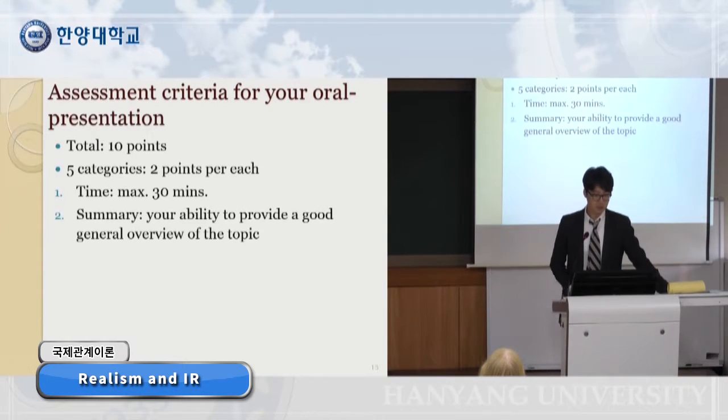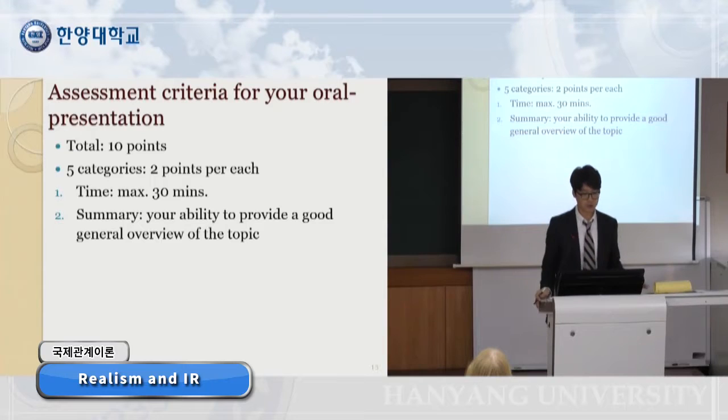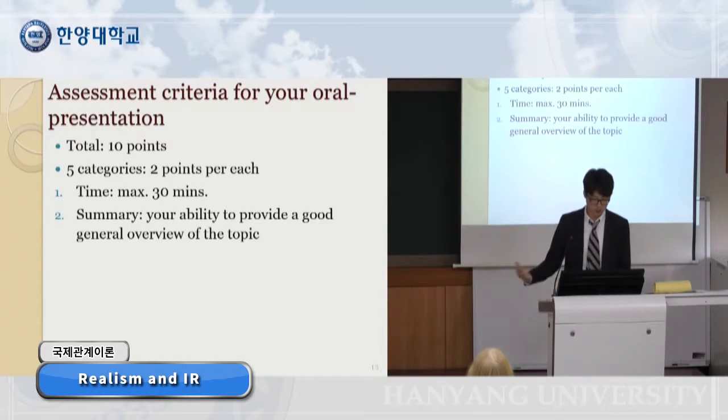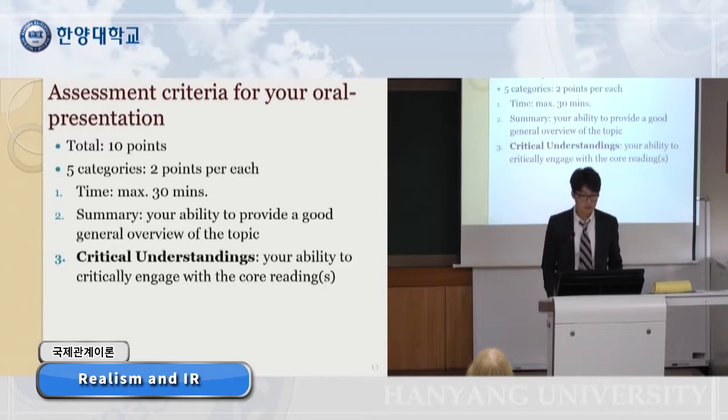The second is summary. I just said today's presentation is quite well done, right? In this category, you should demonstrate your ability to provide a good general overview of the issue, theme, topic or questions that you are going to deal with from the readings. The third category is critical understanding, which is very, very important in my view.